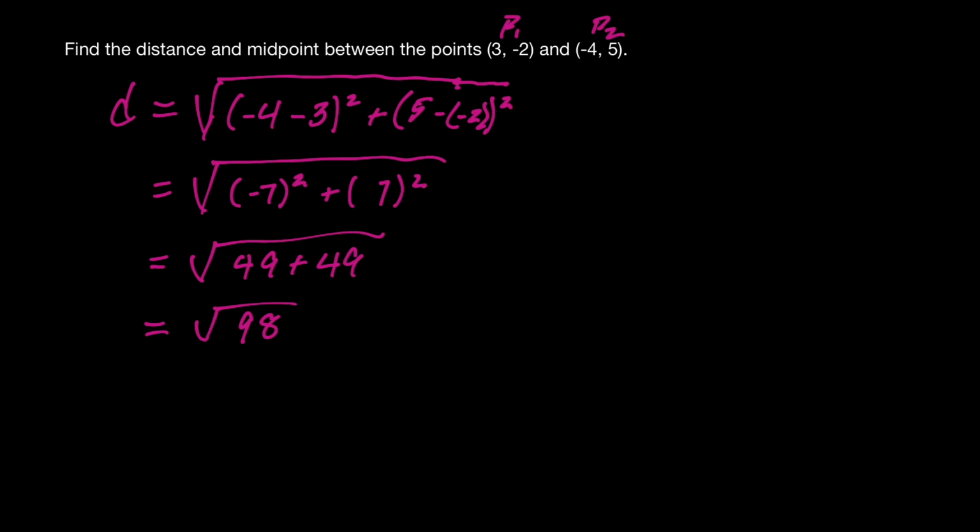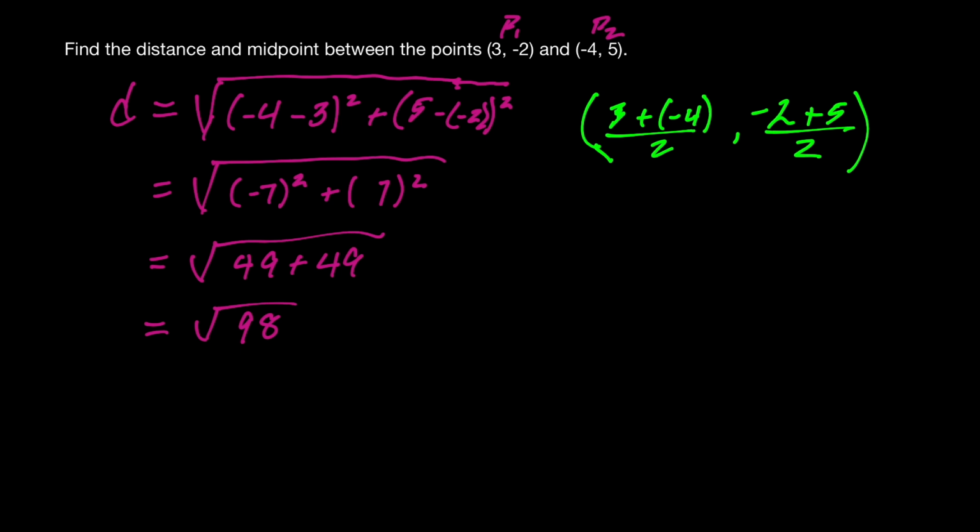So let's go ahead and look at the midpoint. We're going to do this a little bit more quickly. That would be x sub 1, which we had as 3, plus x sub 2, divided by 2, comma, y sub 1 plus 5, divided by 2.